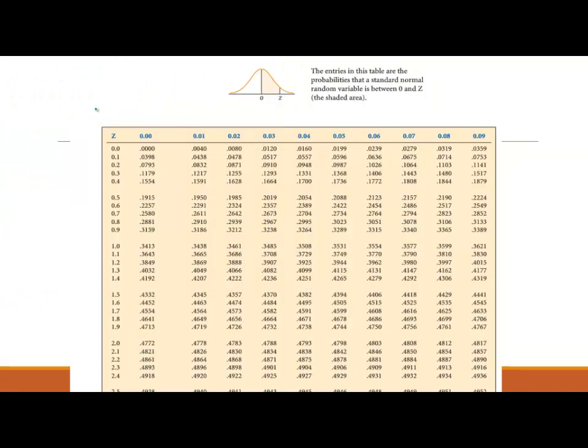Now, there is an interesting situation here. Let me just show you that really quickly. So let's look at the juggler again. Average of $60,000, standard deviation of 20.